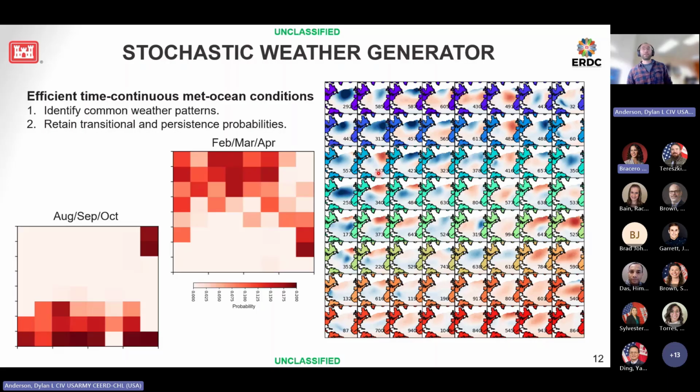So I have an example here of seasonality. This simply says that in some future simulation of this weather, these days in the upper portion of this grid, where every single day from the historical record is fit within a bin, these days happen much more frequently during February, March, and April than they do during August, September, October.